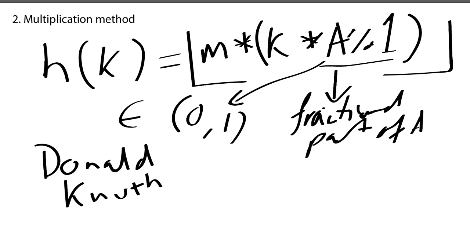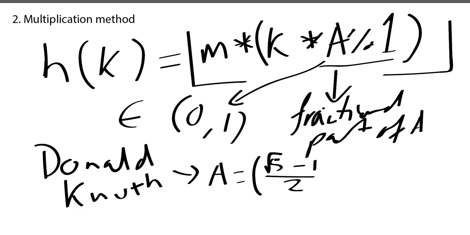And if you're in CS, you must have heard his name several times, but he's a very important figure in CS. He's actually the guy who invented the LaTeX language for typesetting documents beautifully. But anyway, what he suggested was that we choose a equal to (root 5 minus 1) all over 2.